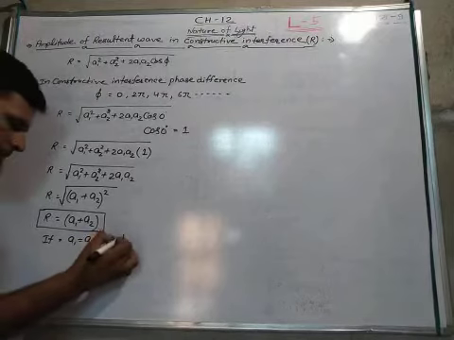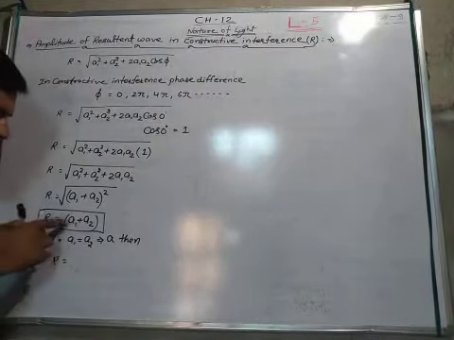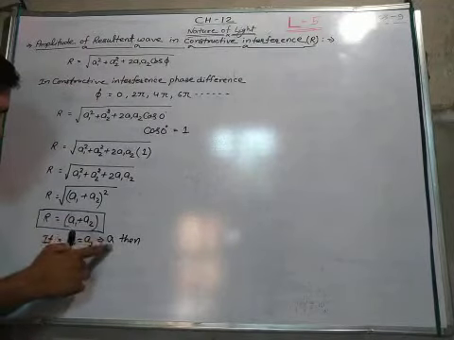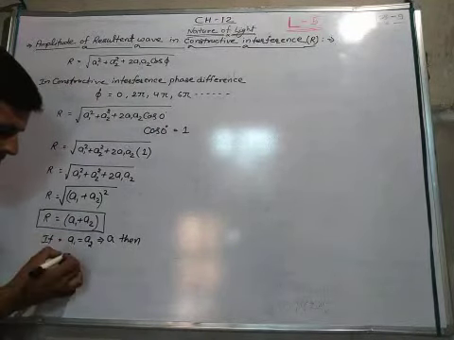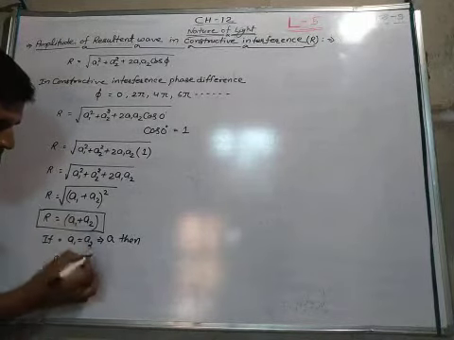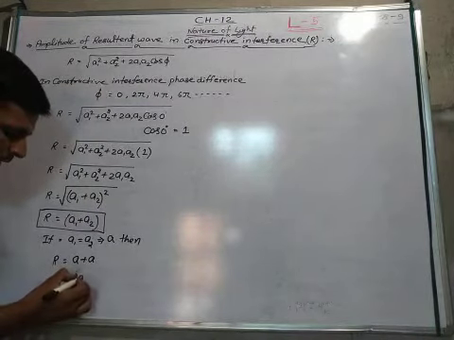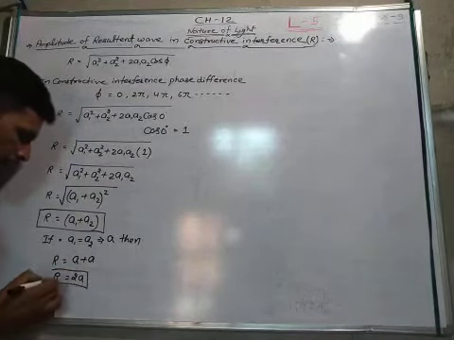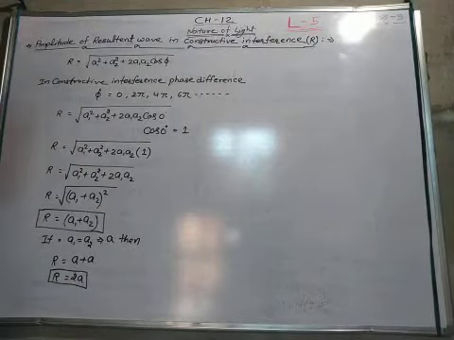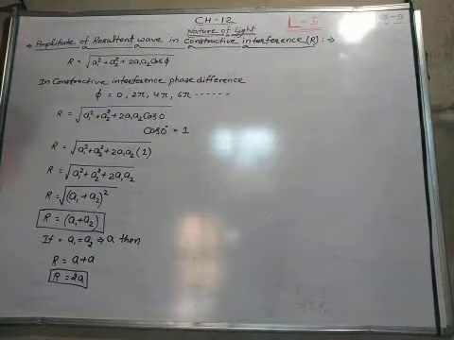Then what will R be? In place of a1 we write a, and in place of a2 also a, so R equals 2a. If the amplitudes of both waves are equal, then the resultant amplitude is double the amplitude of any one wave.